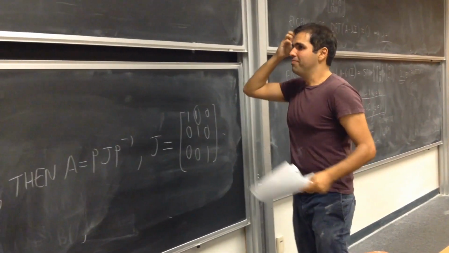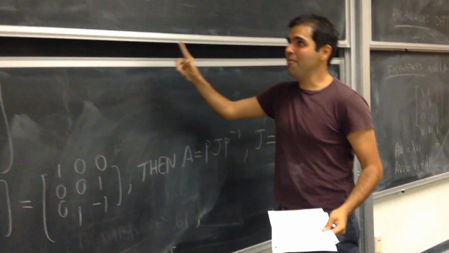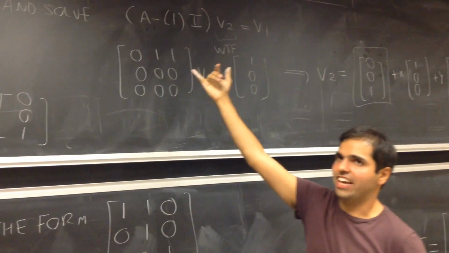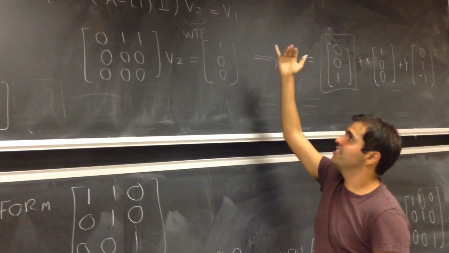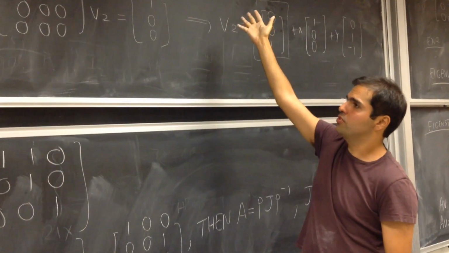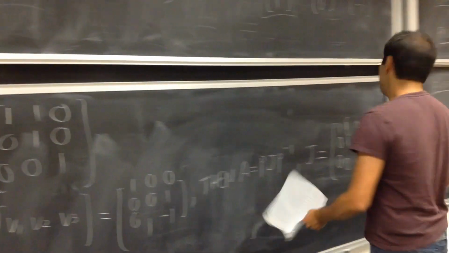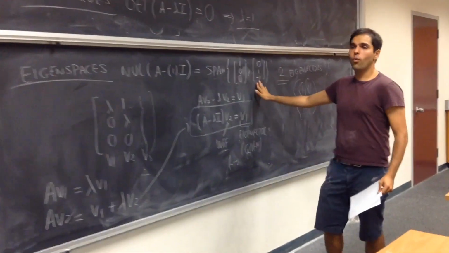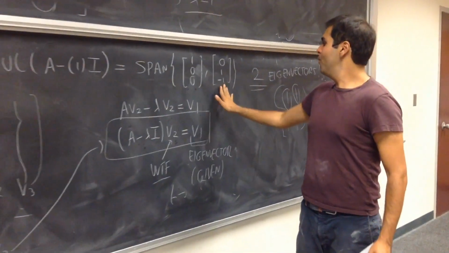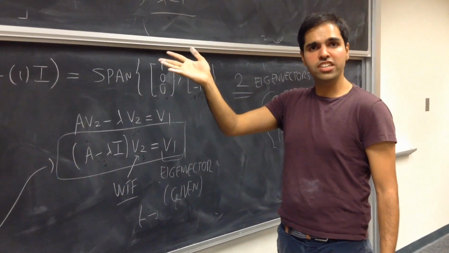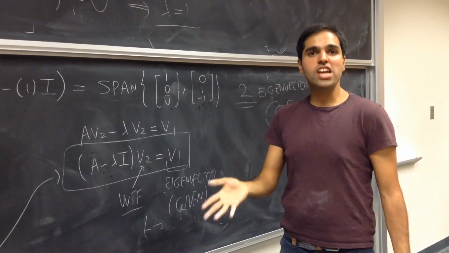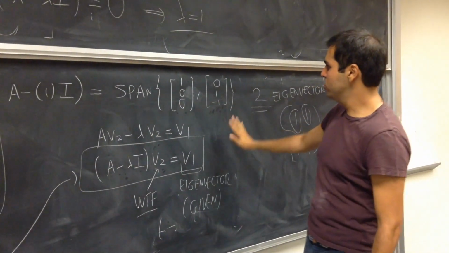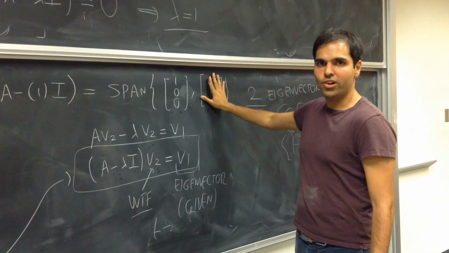Wonderful. Just one more comment. Here we've picked one eigenvector, and we solve (A minus I) v2 equals v1. What if we pick the other eigenvector here, 0, 1, minus 1, what would happen if we did this procedure? We would find that the equation has no solution, which tells us that this vector doesn't work.